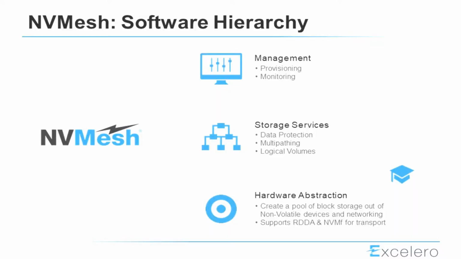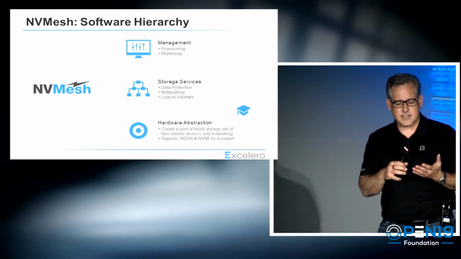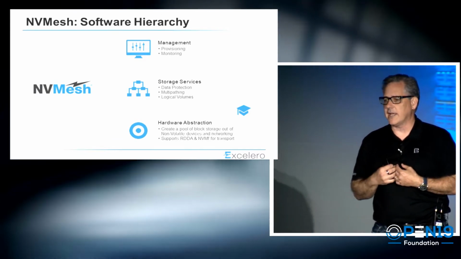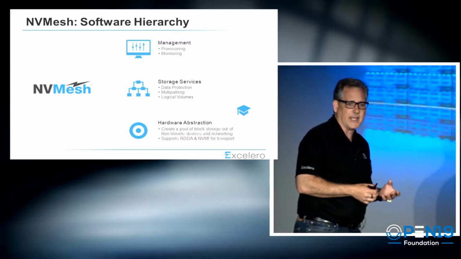We're basically 3 components. Love to give you more details about this at another time, but coming at the bottom, it's a hardware abstraction layer, software only, that abstracts out the NVMe drives and makes them available over the fabric. Storage services, we do all of our services, that is logical volumes, redundancy, RAID striping, failover, all in the client. We have an intelligent client. This also makes this the world's truly only 100% scalable solution.